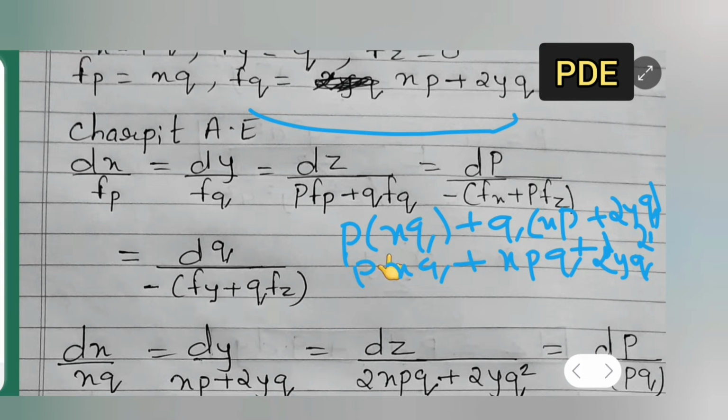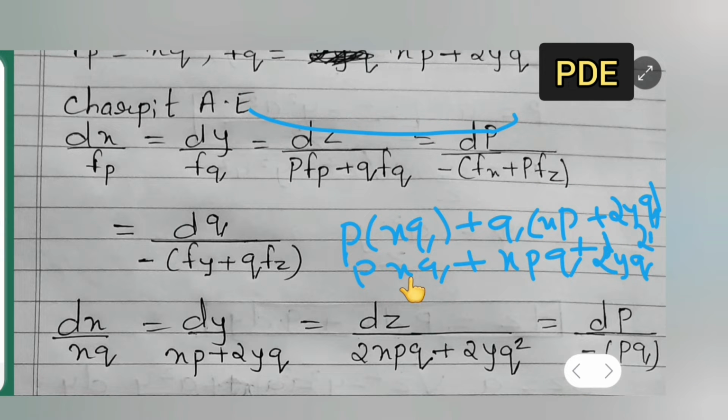Okay, now open the bracket: pxq plus xp into q plus 2yq². I have to multiply this q with this one plus this q again with this one. So what I got, I have written it over here.